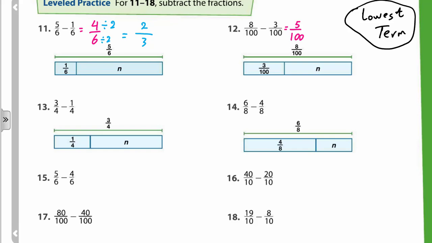Okay, the lowest term. Can you divide by any number? Think of the 5, because the 5 is the smaller one here. Can you divide 100 by 5? Yes. So in this case, we will use the 5 as the greatest common factor. Go ahead.